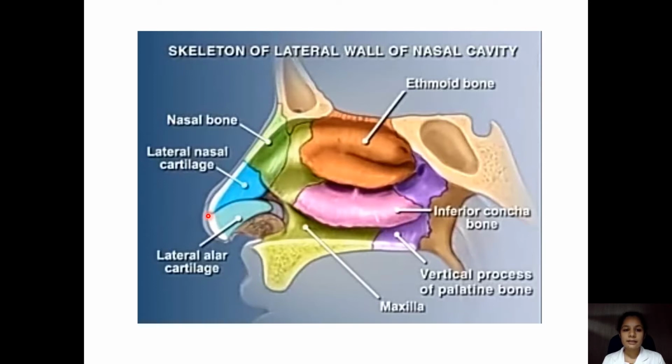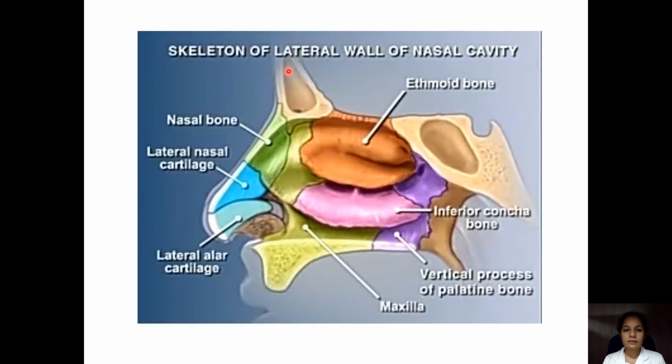Lateral nasal cartilage, that is the upper lateral cartilage, and the lower lateral cartilage, which is the alar cartilage. There is the perpendicular plate of palatine bone. Horizontal plate forms the floor of the nose, and floor of the maxilla or the palatine process of the maxilla forms the floor of the nose.